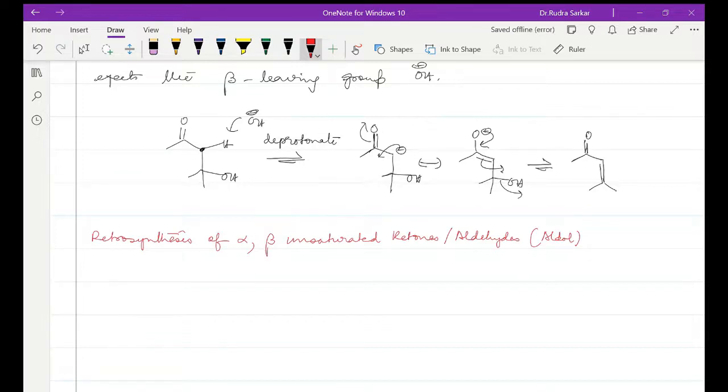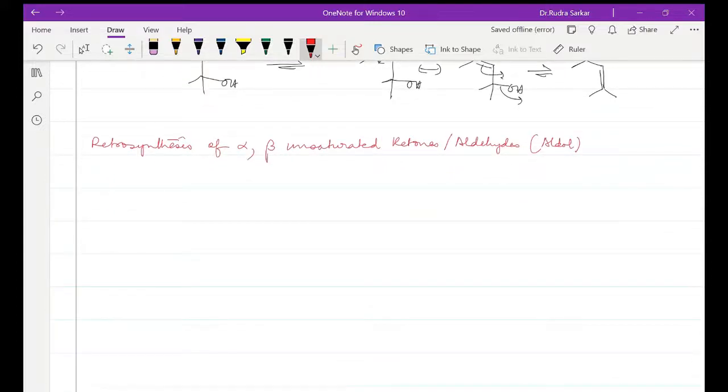So one can say that the dehydration step is no more than a functional group interconversion. So during the retrosynthesis of an alpha beta unsaturated ketone or aldehyde, one can make the same type of disconnection that we did in the beta hydroxy ketone or aldehyde.